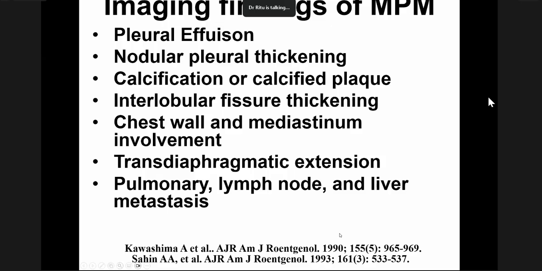In the early stages, very often people will mistake it for empyema or benign chronic effusions. And you can see calcified pleural plaques associated with it. And then, as the tumor gets bigger, you can have associated pleural thickening. It can invade.